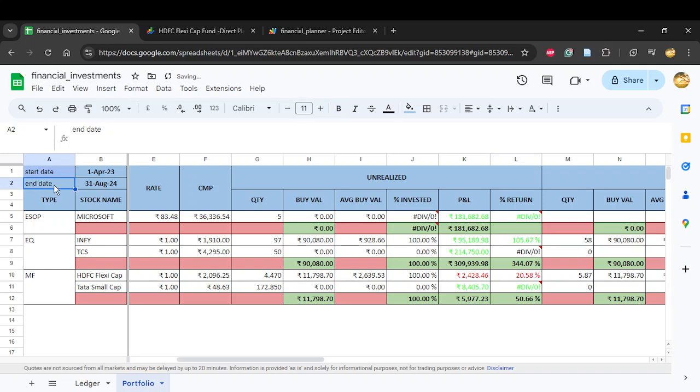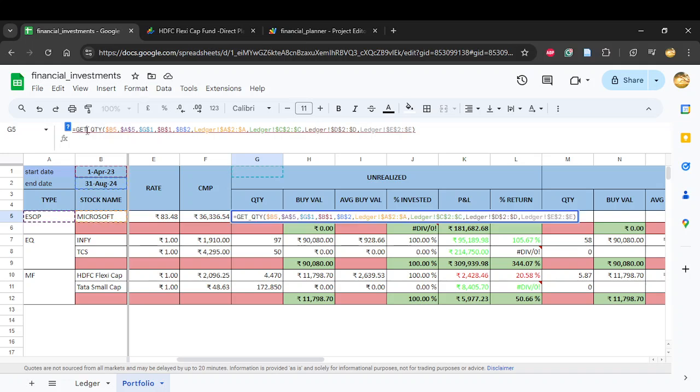So the end date is 31st August, and as of this date I have 5 quantity of ESOP from Microsoft, 97 stocks from Infosys, and 50 stocks from TCS. Similarly, 4.47 quantity for the HDFC Flexi Cap, and 172.85 for the Tata Small Cap. Now, if you see this cell, you will see a formula called get quantity.